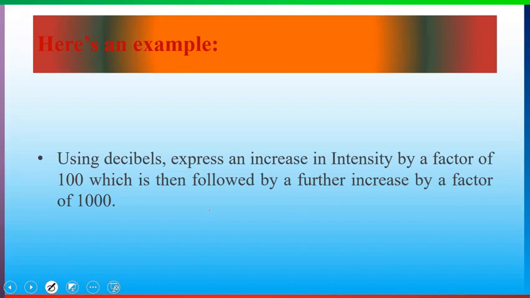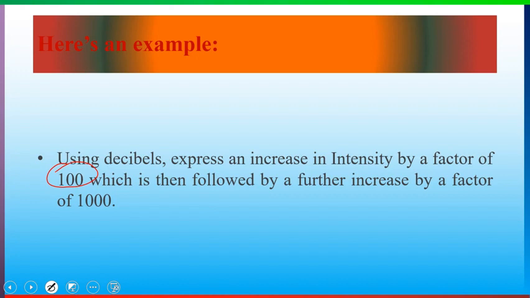So initially there was an increase in intensity by a factor of 100, then it was followed by a further increase by 1000. We can solve this type of problem in two ways. On one hand, we can solve this type of expression individually.